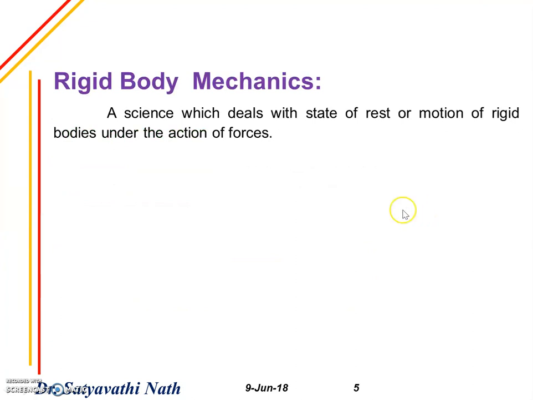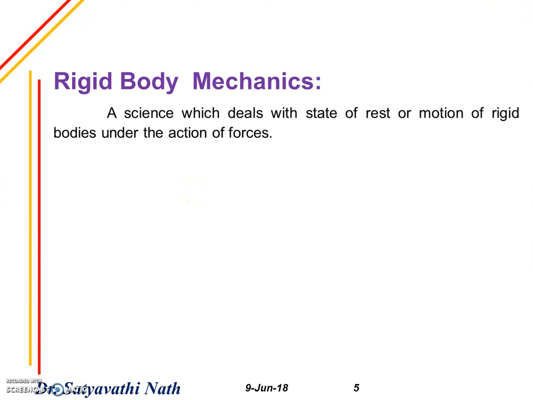First of all, let us go to rigid body mechanics. Rigid body mechanics deals with state of rest or motion of rigid bodies under the action of forces. So when forces are acting on a rigid body, how it behaves, it is called rigid body mechanics.